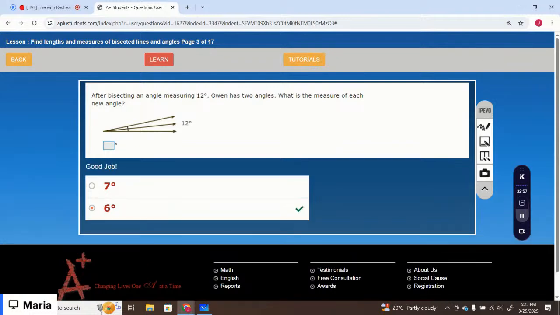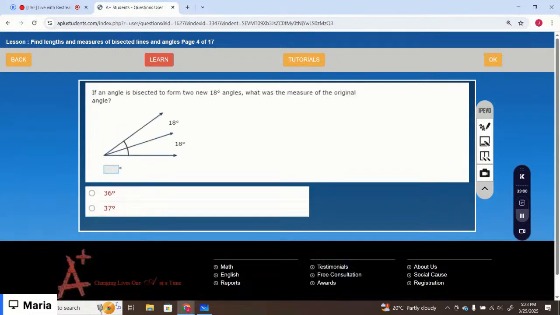Option number 2 is the correct option. If an angle is bisected to form two new 18-degree angles, what was the measure of the original angle?